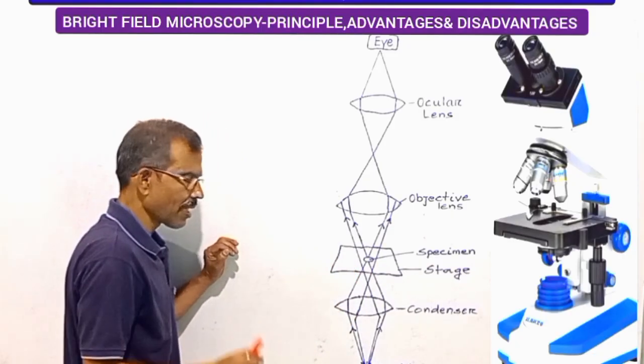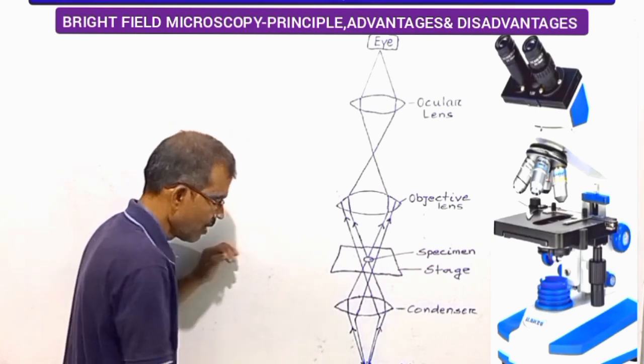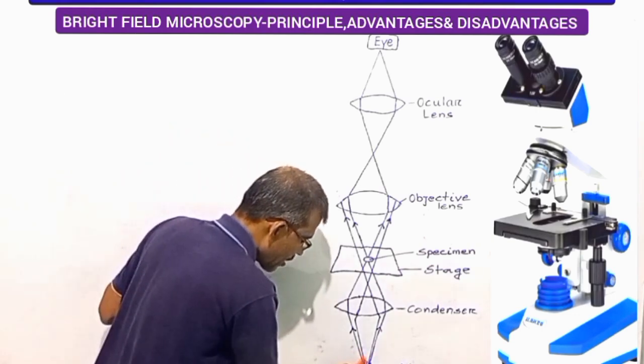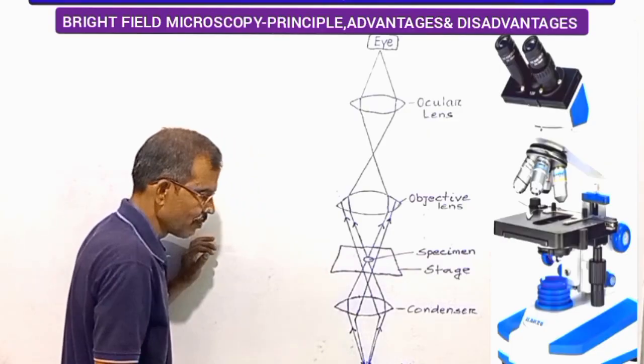So when the stained specimen is placed on the stage and the illuminator is switched on, it transmits white light.